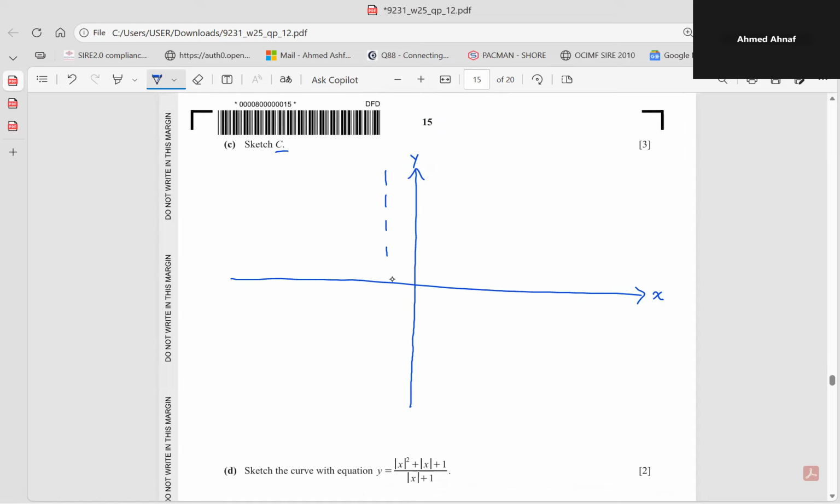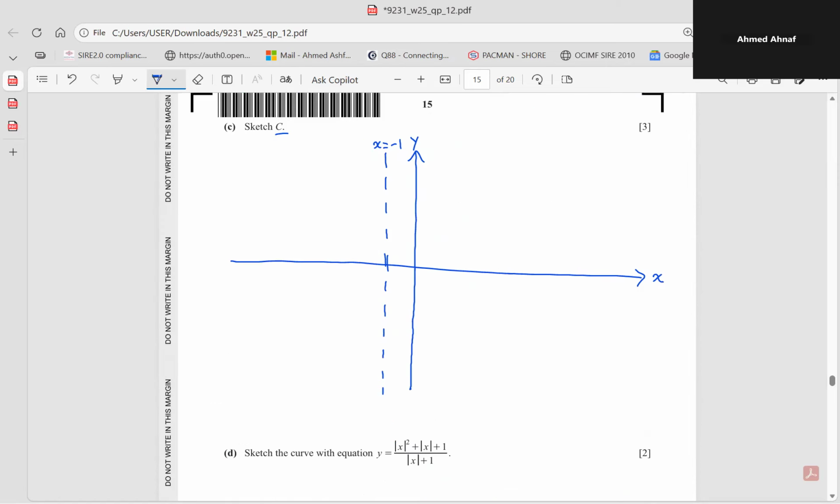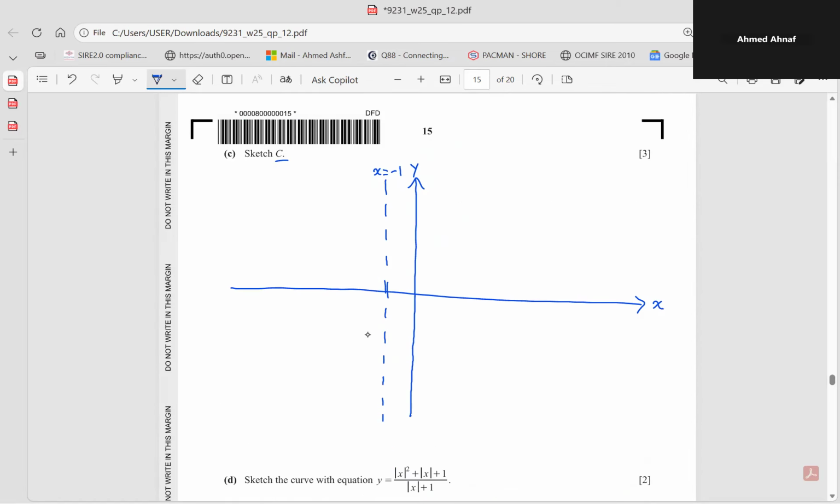It's just going to be a vertical line since there's only x. And then we have to draw the oblique asymptote y equals x. That's going to look something like this, and this is y equals x.